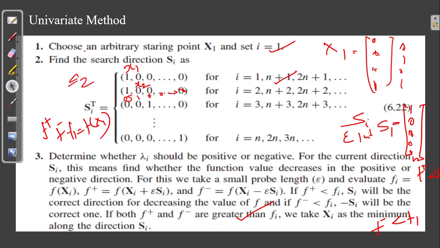S2 will be 0, 1, 0, 0, 0. That means in the direction of X2 we will search, right? We will apply the steps in the new direction, which is the direction of X2, that is the unit vector along X2, right?